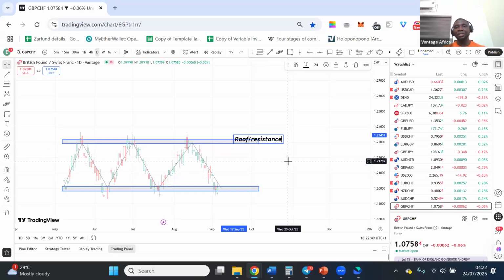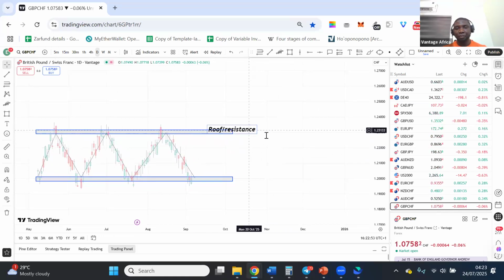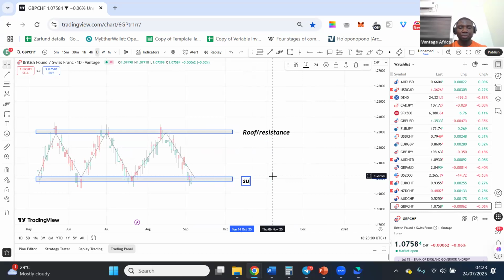So this is a resistance or a roof. And this is a floor or a support.